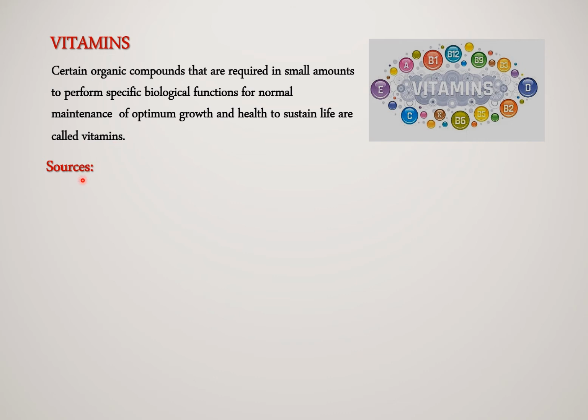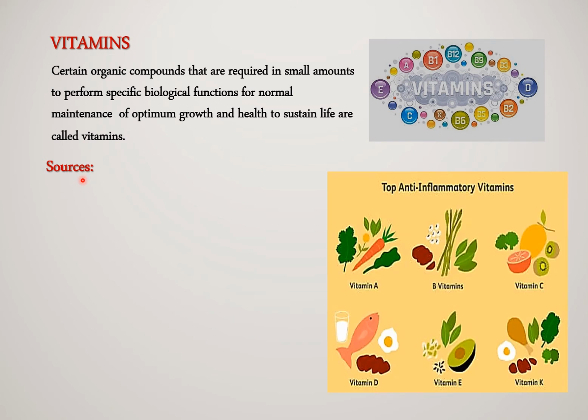Now, what are the sources for vitamins? They are milk, butter, cheese, fruits and green vegetables, meat, fish, eggs, etc. Commercially also, vitamins are available as tablets or capsules in the market.